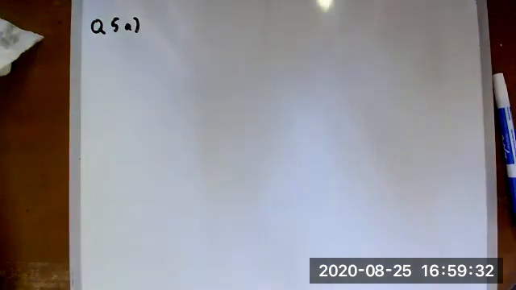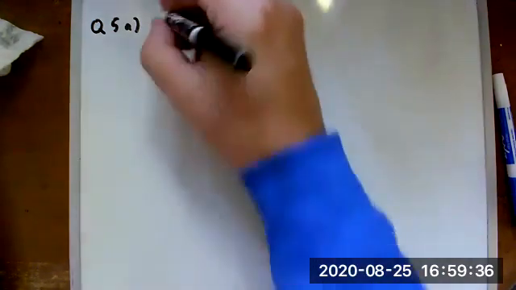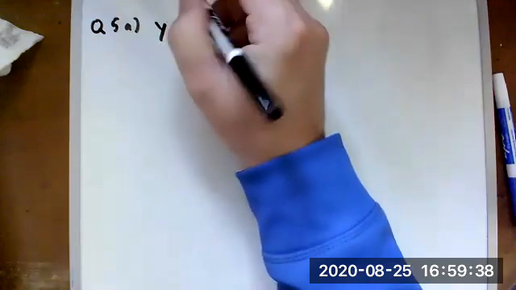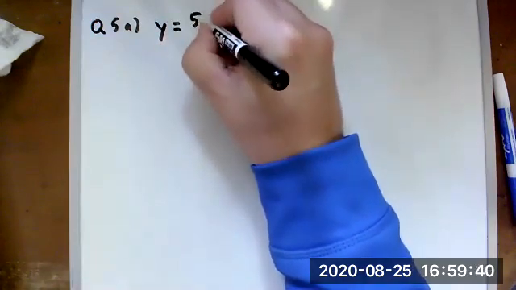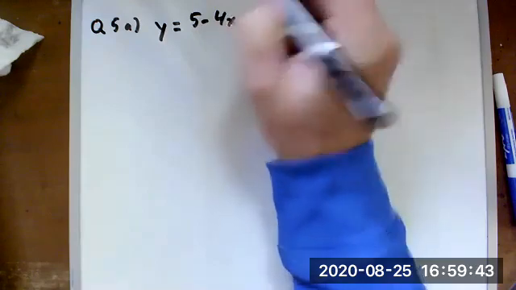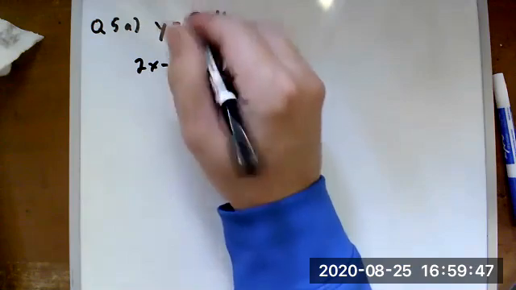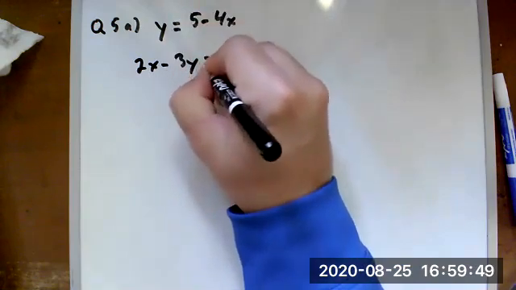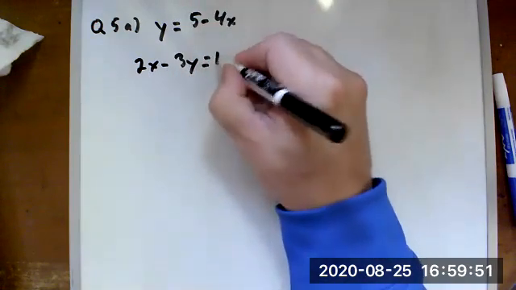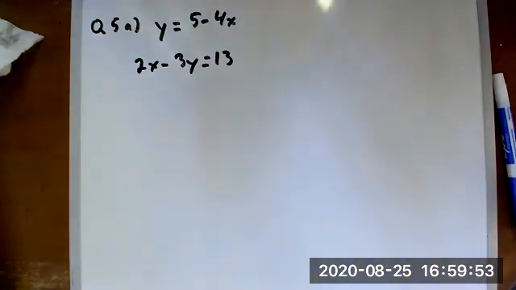Start off with question 5A. So this one is nice because it's partly set up for you right away. We have our two equations, y equals 5 minus 4x and 2x minus 3y equals 13.